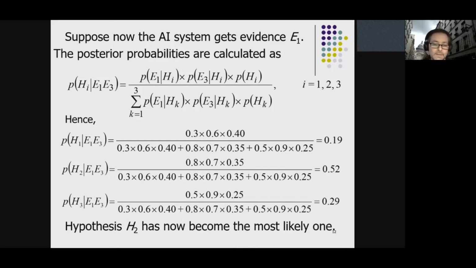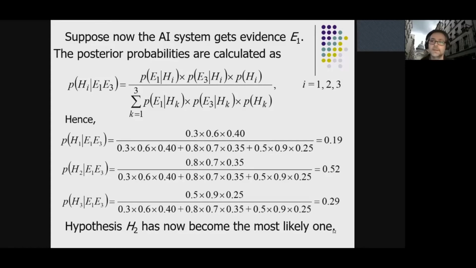That will change, as you see here on the slide, the formulation of the equation because we have additional information. So in this case, we have to calculate the probability of H1 given two pieces of evidence, E1 and E3, and we do the same for the other hypotheses. And what you see here is that everything now changes because H1 is now 0.19, H2 0.52 and H3 0.29.